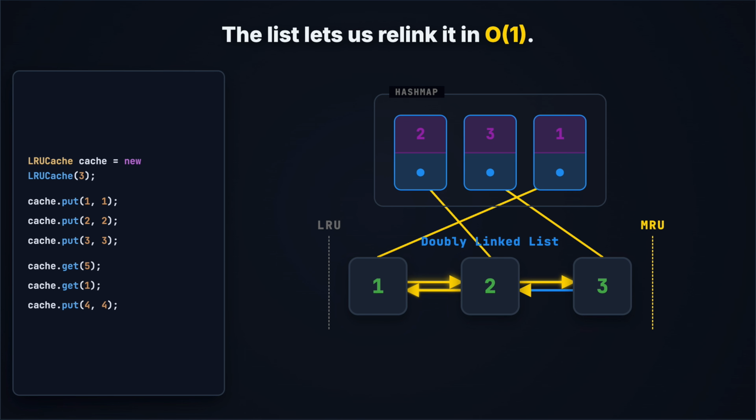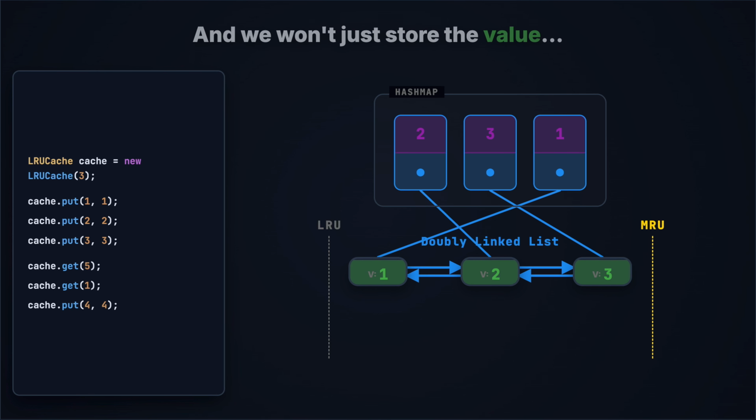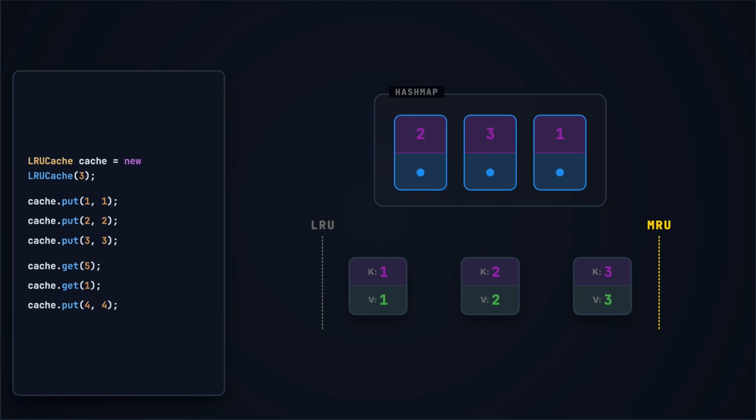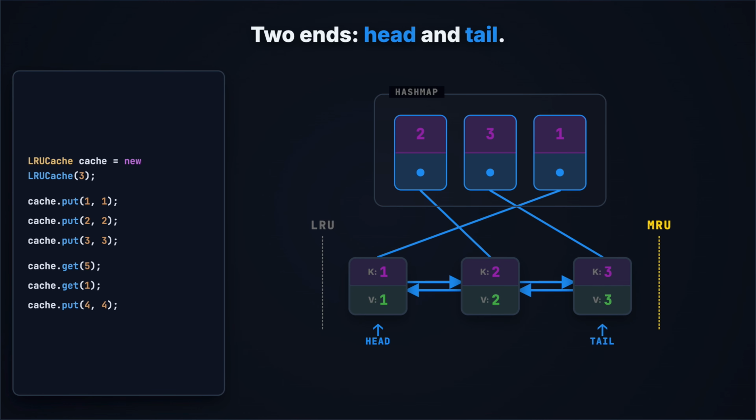The list lets us unlink and relink it in O(1), since every node already knows its neighbors. And we won't just store the value in each node, we'll store the key too. We'll see why shortly. This linked list has two ends, head and tail, marking our boundaries: least recently used and most recently used.